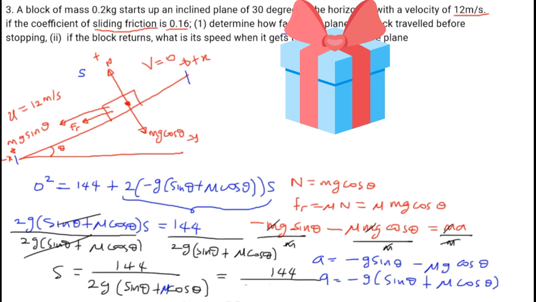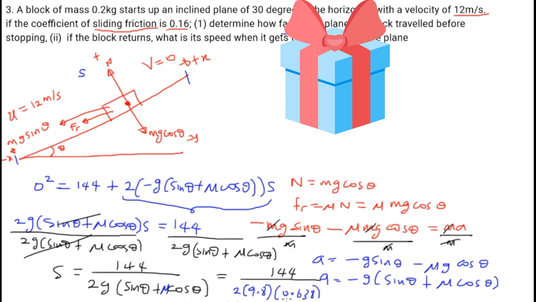s will eventually be equal to 144 upon 2g into sine of theta plus mu cosine of theta. Sine theta is the sine of 30 degrees, plus mu, where mu is 0.16, multiplied by cosine of 30 degrees, and that is equal to 0.6385. So I will have 2 into 9.8 multiplied by 0.6385.